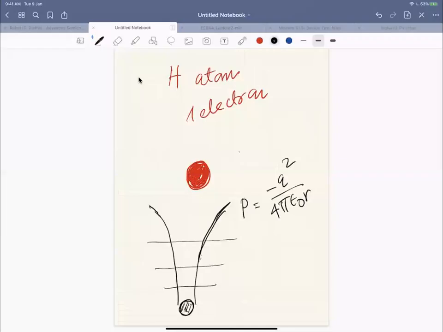So when you talk about an atom, it is nothing but like a potential well, so it has a certain number of states, and the electron can only assume one of these states, right? And these states are called quantum states or energy states, right?